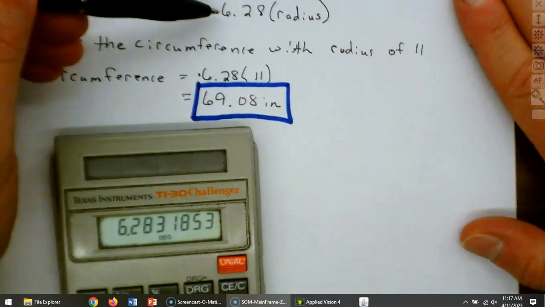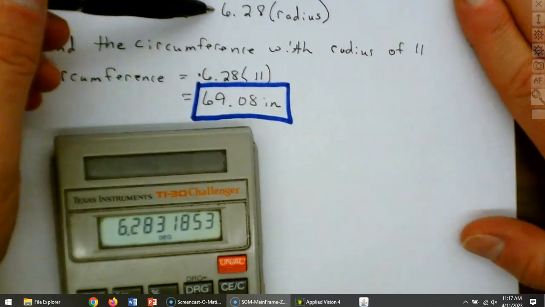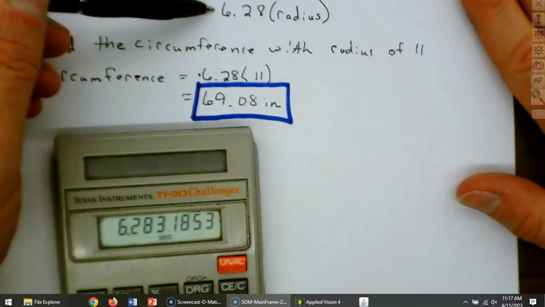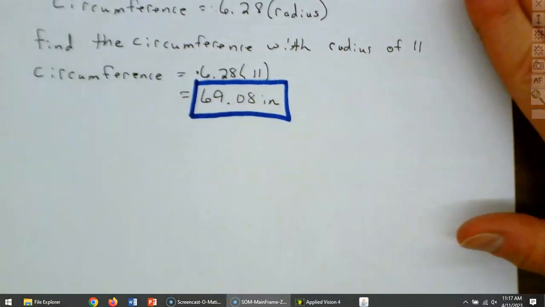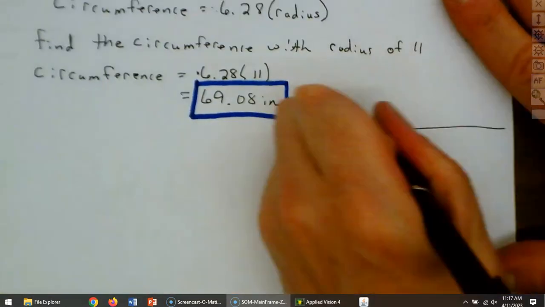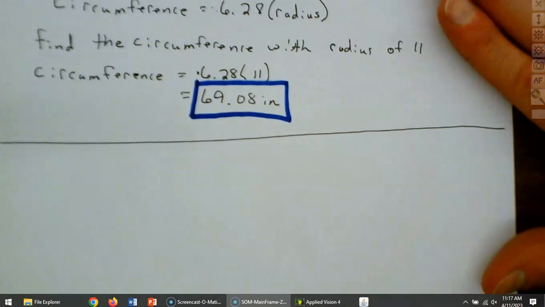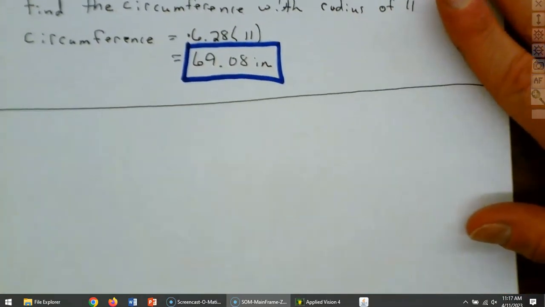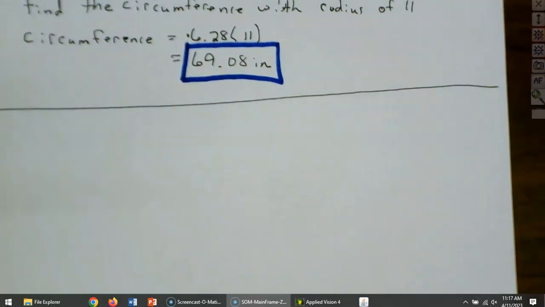We found our k, which is 2 pi in this case, because it's the circumference of a circle with the radius. So we found k. This is how they came up with the value of pi. That's what they did when they first figured out that pi goes into a circle. How did they figure out what it is? Well, they did that by measuring.